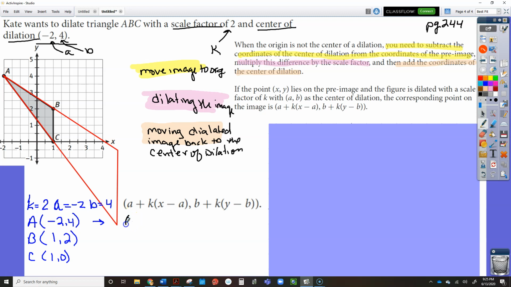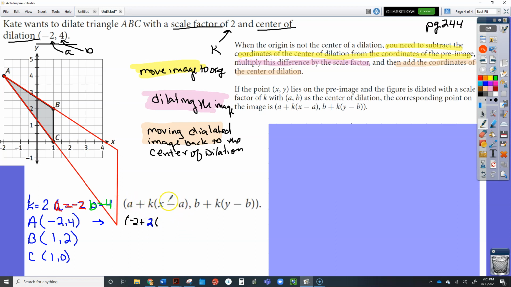So here I go. It's just going to be a matter of saying -2 plus, and then the k value is 2, and I could probably color code these to make it a little bit easier. We'll say this 2 is the K, and then this 2 is the A. And then let's let the B be 4, be green.